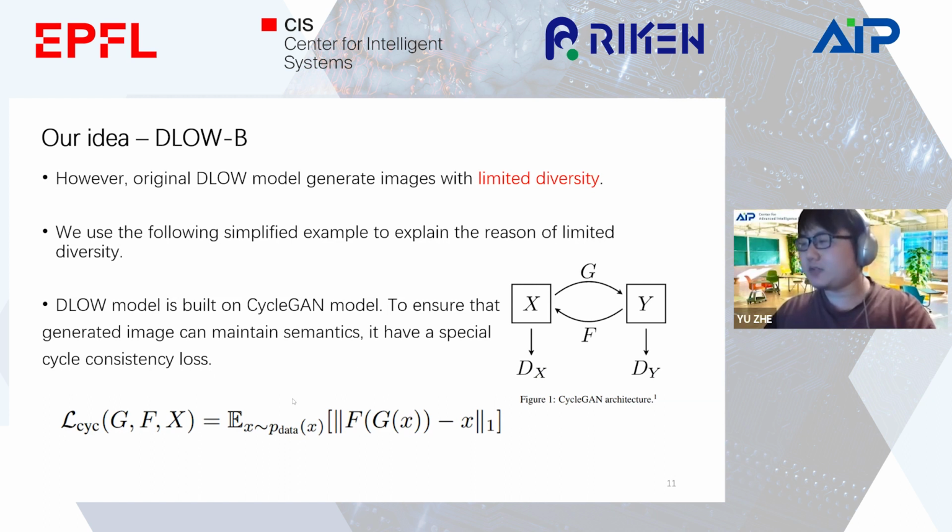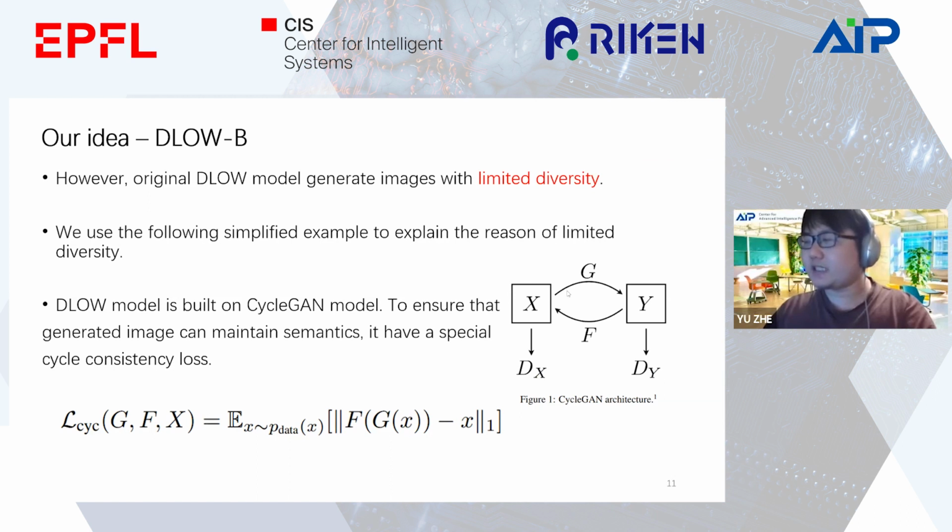The basic idea is that when we transform the image from domain X to domain Y, and then transform that transferred image from domain Y back to domain X, the distance between F(G(X)) and X should be minimized, which means we can recover the original images from the transferred images.